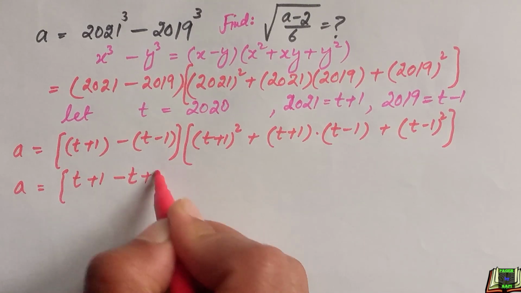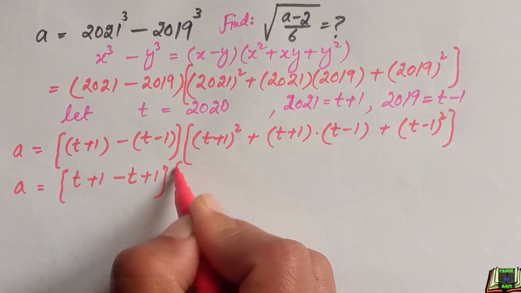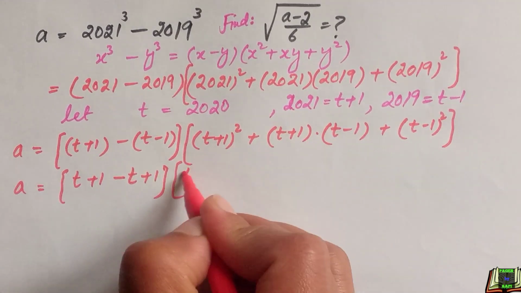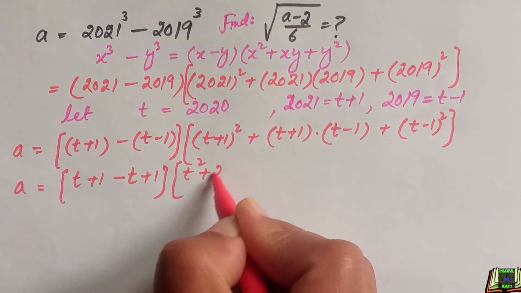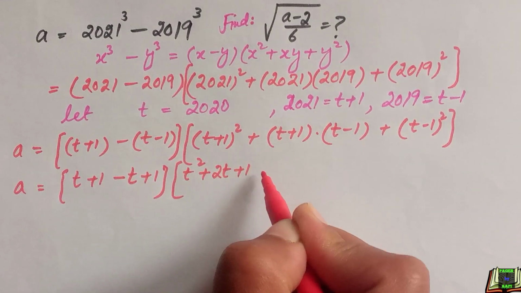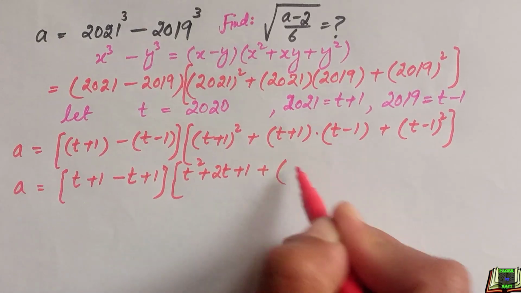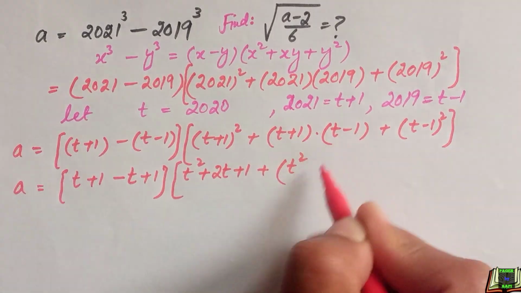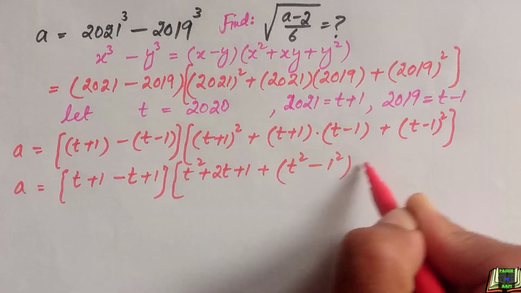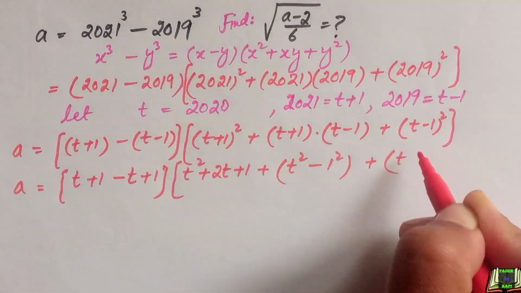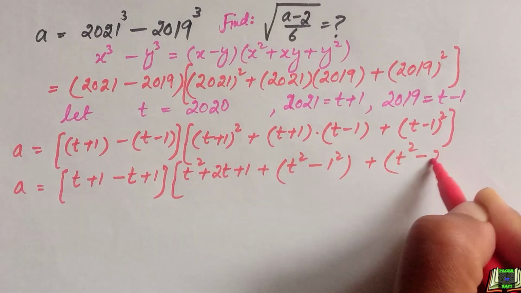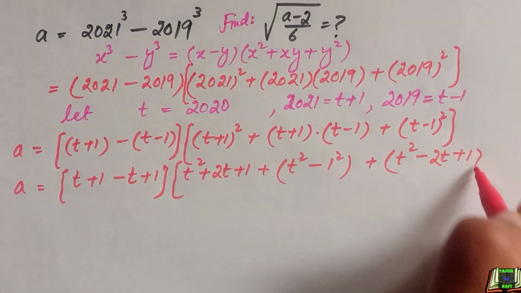If we open the bracket, t plus 1 whole square is equal to t square plus 2t plus 1, and multiplying these two, t and t square, plus, minus, minus 1 square, plus t minus 1 whole square is equal to t square minus 2t plus 1.